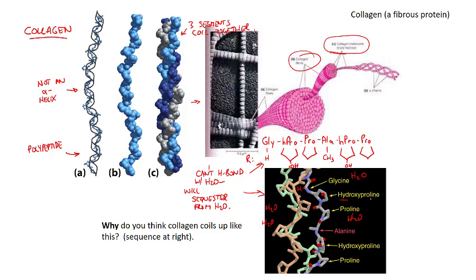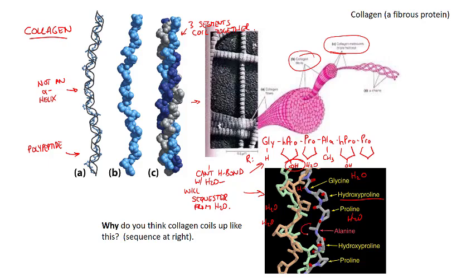Now, hydroxyproline can hydrogen bond with water, right? It's got a hydrogen bond donating group. So that's why hydroxyproline has the OH facing out. That's supposed to be coming out of the screen at you. Right? So our hydroxyproline does face water. Proline is nonpolar, so it tends to face away from water. Now this one is exposed. I'm going to talk about that in a moment here.